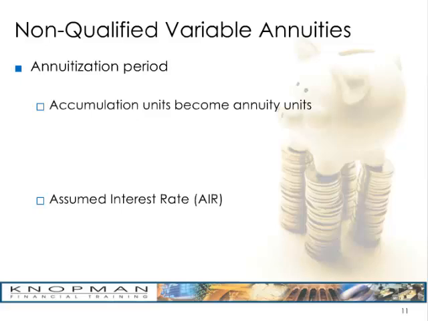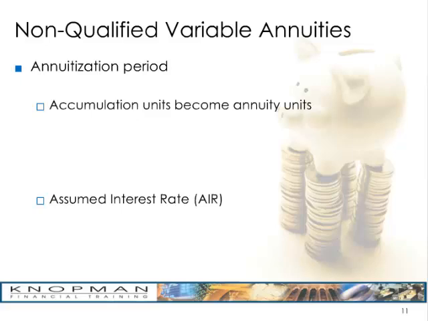At some point, the account will be annuitized. When the account is annuitized, that means that contributions will end and distributions will begin. So rather than continuing to contribute funds, the annuitant will start to take money out. At that point, the accumulation units are converted to annuity units.